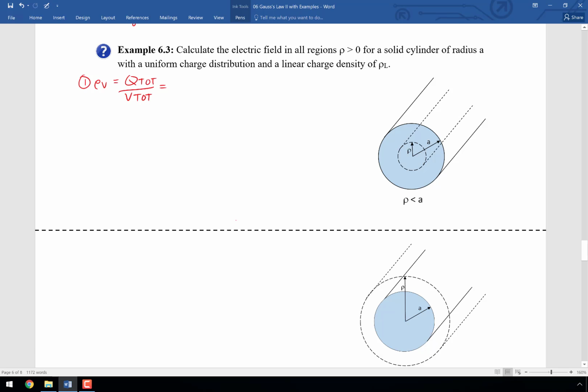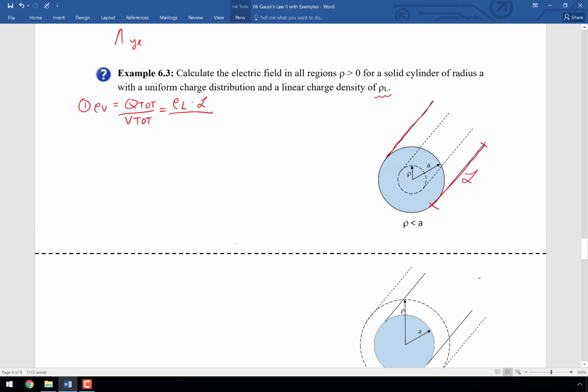And in this case, the total charge, let's see, I'm going to block off a portion of this, and I'm going to call this a length of L. And it has a linear charge density of rho sub L. So the total charge that's contained within this cylinder of length L is equal to rho sub L times L. And then what is the total volume?